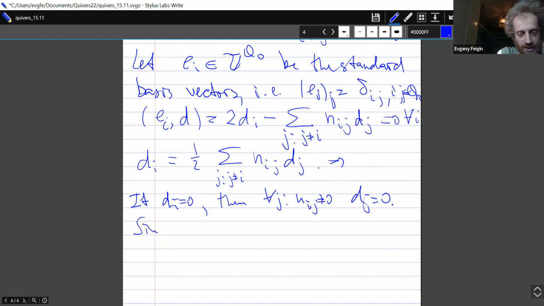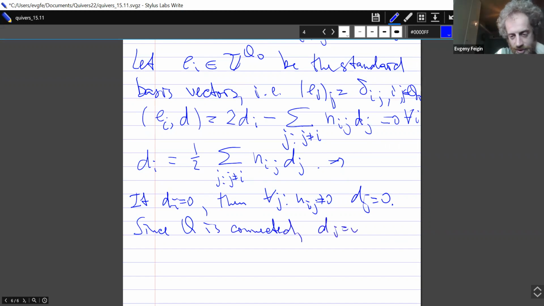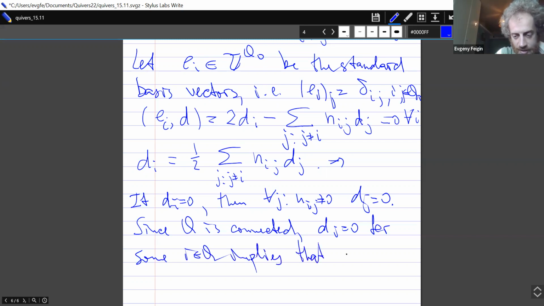Now, since Q is connected, d_i equals 0 for some i implies that d_j is 0 for all j, so d is the zero vector.